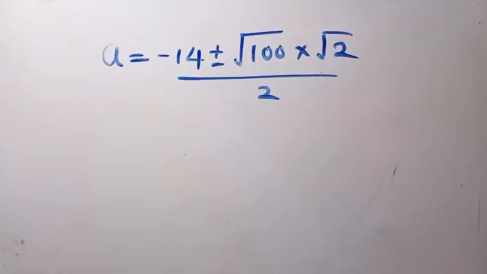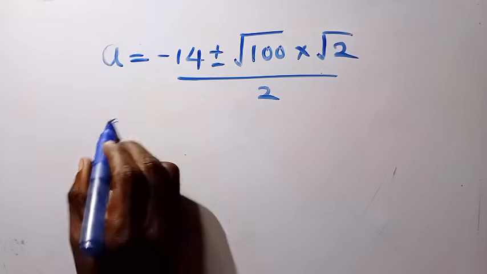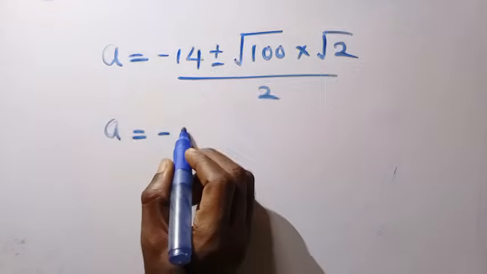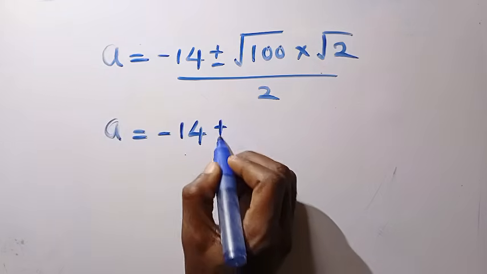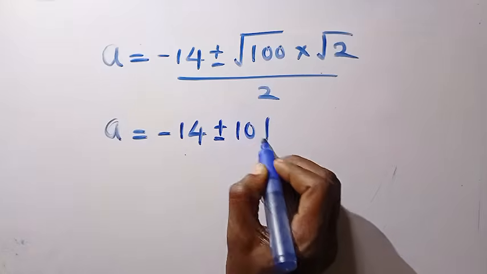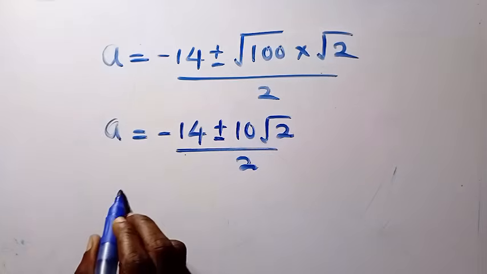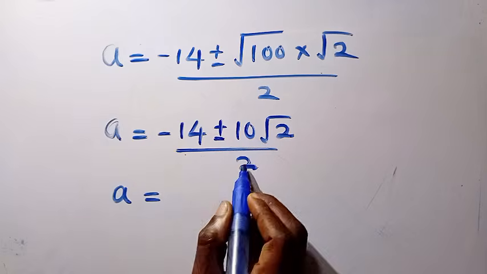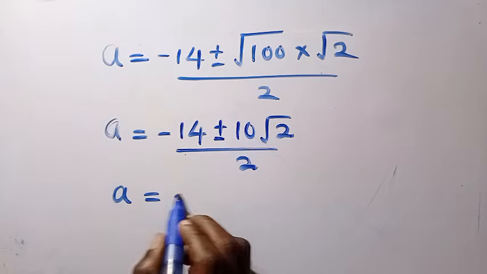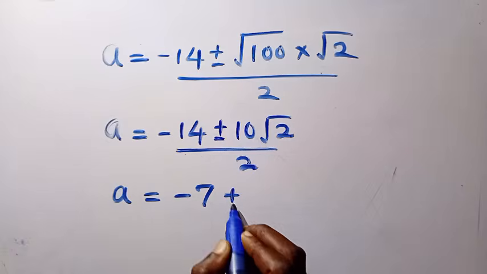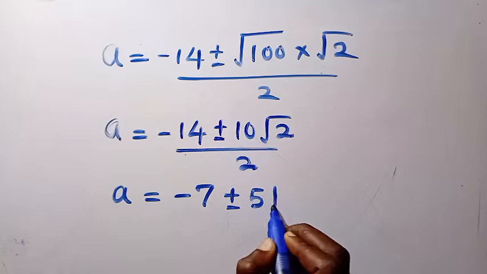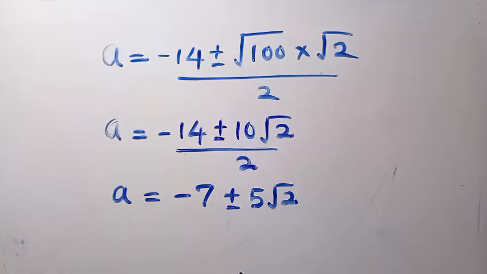So then we have a equals minus 14 plus or minus 10 root 2 divided by 2. So with this, 2 will go into 14 and 10, and this gives us minus 7 plus or minus 5 root 2. So these are the first two solutions for this.